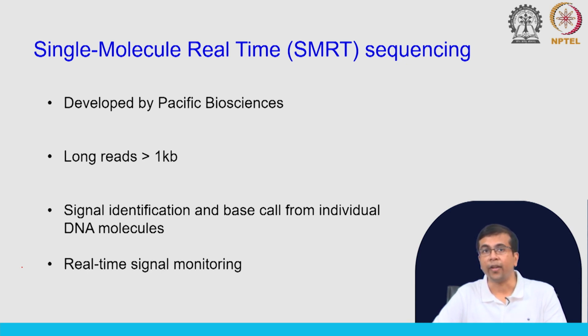On top of that, we also have real time signal monitoring. Because we are following the process of sequencing for individual DNA molecules, we can identify when the base addition is happening. If you think about Roche or Illumina in comparison, where we are looking at average signal, we are not following individual base addition events, because there will be slight differences in time when this base addition happens in the Illumina platform between these different molecules.